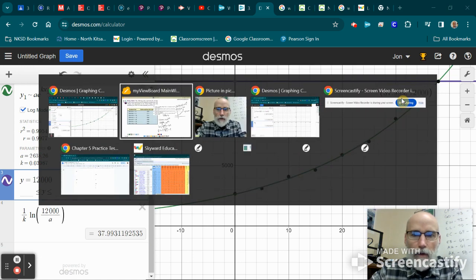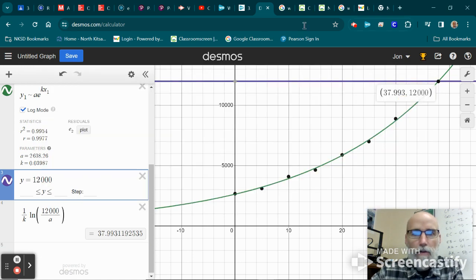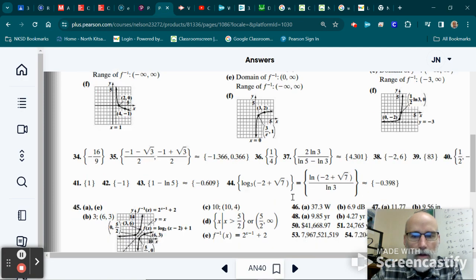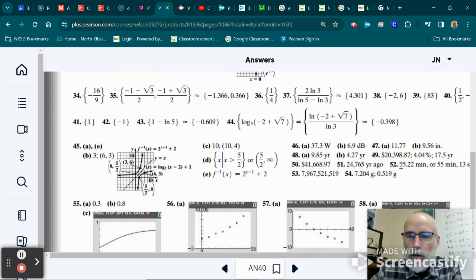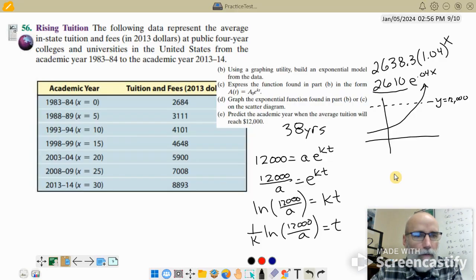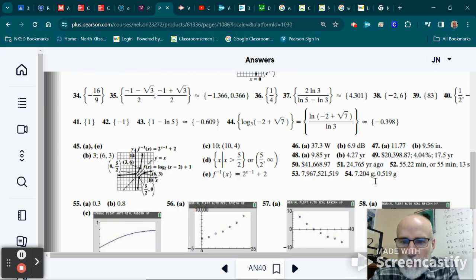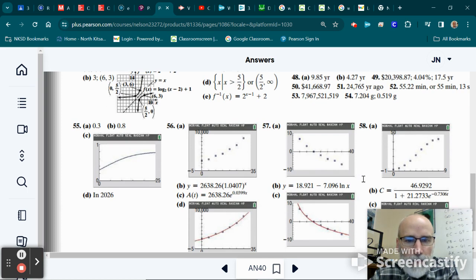And we can confirm that from the textbook as well, right? So if I look right here, and we were just doing that one, I think, weren't we? What number were we just doing? 56. So 56, where the heck is 56? Here it is right here. So yep, everything's checking out right in there.